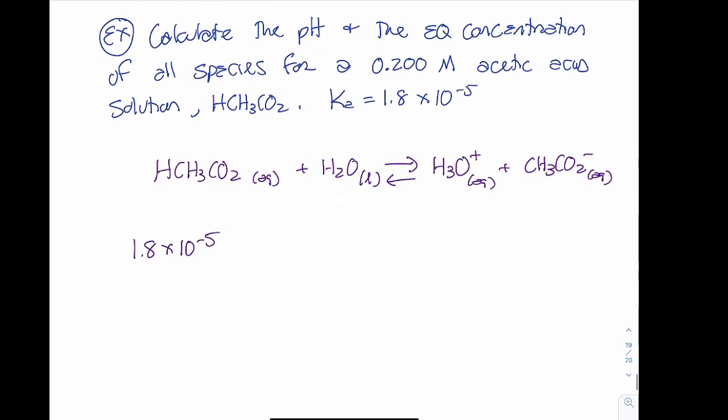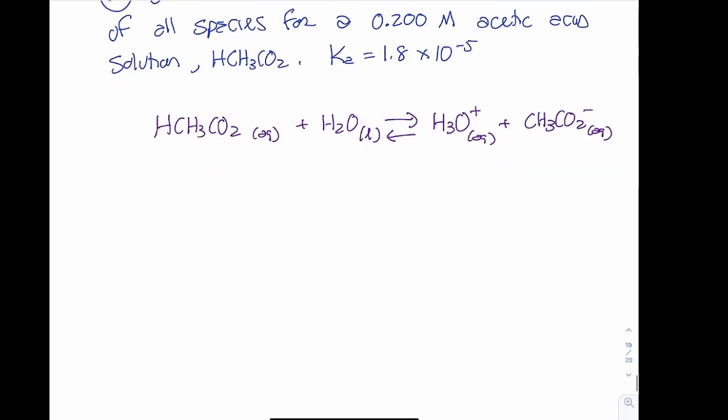In fact, we're going to make an ICE table. So I'm going to actually move this down a little bit so we can make our table right underneath our equation here. 1.8 times 10 to the negative fifth is going to equal my concentration of hydronium ions multiplied by my concentration of acetate ions, my conjugate base, over the concentration of acetic acid.